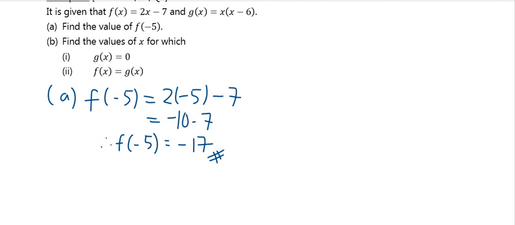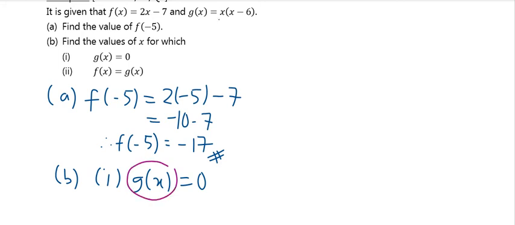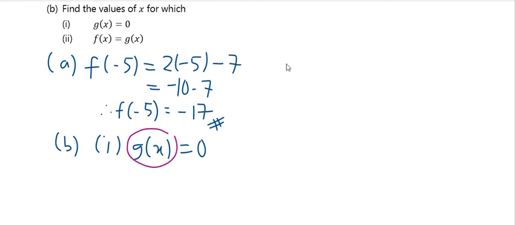And then the second part will be, find the values of x for which g(x) equals 0. Now this one will be replaced by the function here. So you will have to replace g(x) with x(x minus 6). So just proceed. x(x minus 6) equal 0, right?